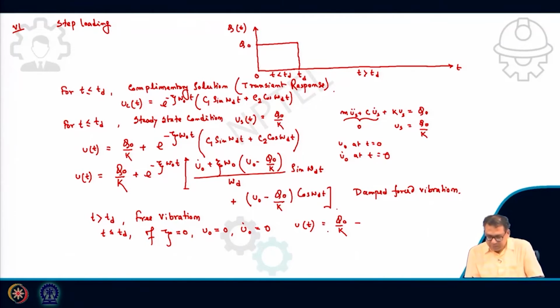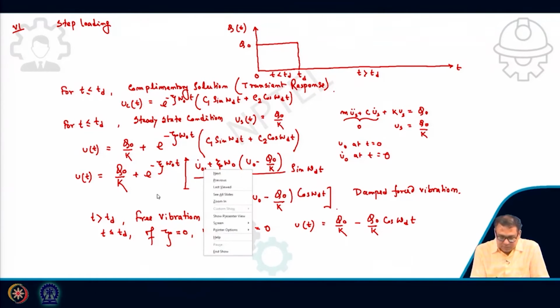So we have this one is 0 and qt is 0, so this whole part is 0, and there will be only q0 by k into cos omega d t. Why is this whole part 0? Because damping ratio is 0, so it will be 1. But u dot 0 is 0 and damping ratio is 0, so this whole part will be 0.